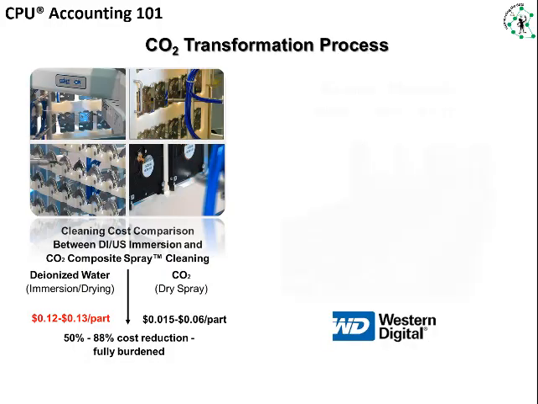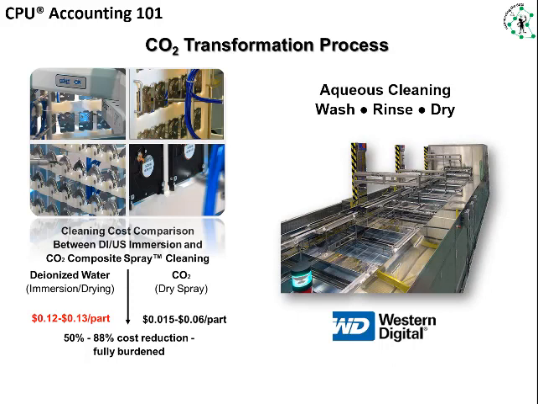An example of cash flow generation is the replacement of aqueous cleaning with dry CO2 spray cleaning. Aqueous cleaning employs multi-stage wash, rinse, and dry stations. These systems utilize a lot of space and they generate a lot of waste in the form of wastewater and labor.